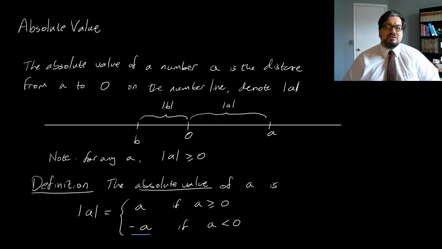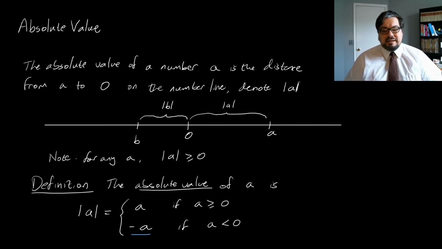Now, this notation right here is often confusing to people when first encountering absolute value, because the note that we have above says that the absolute value of A is always greater than or equal to 0. In particular, it's not negative, it's always positive or 0. But we have a negative sign showing up here in the definition of absolute value.